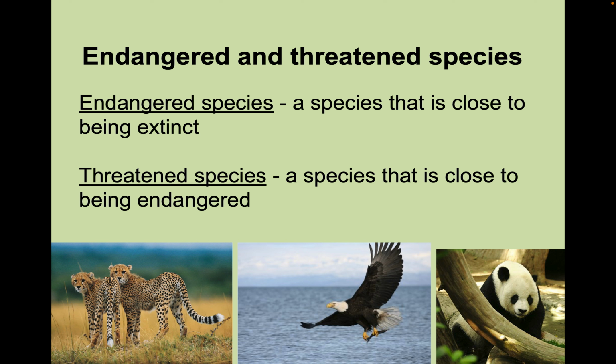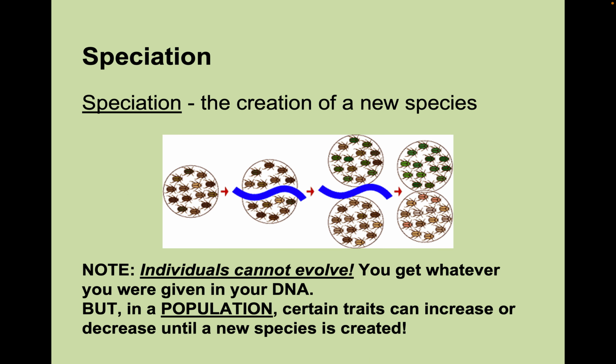Their eggs were being destroyed because of a certain pesticide called DDT, which you can Google if you'd like. But once we stopped using that, then the birds started coming back because now their eggs can survive. So sometimes it's humans causing this issue. Sometimes it's another environmental thing. But either way, that's what those different things mean.